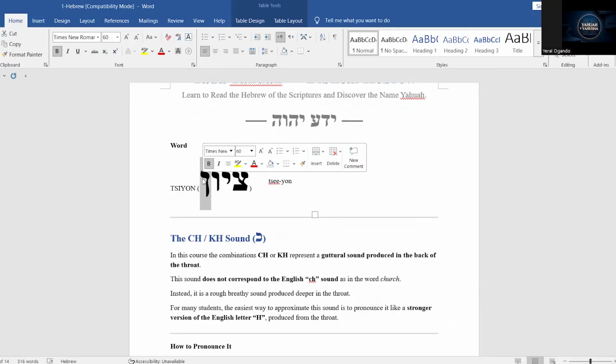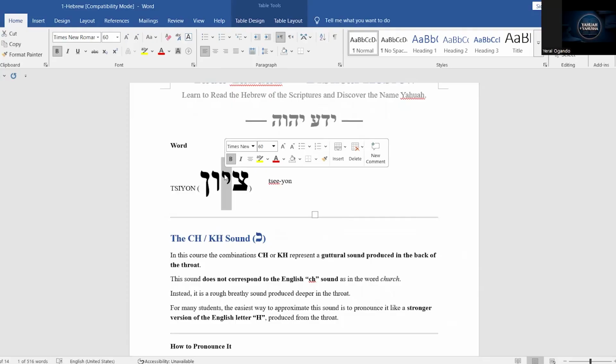This is Nun Sofit, which is at the end of the word. But what do you need to understand here? Two things. TS sound and the Y sound, which is like E, and the U sound, which is in some cases like O. That's why you have Tzion. In English, the meaning is Zion, okay?